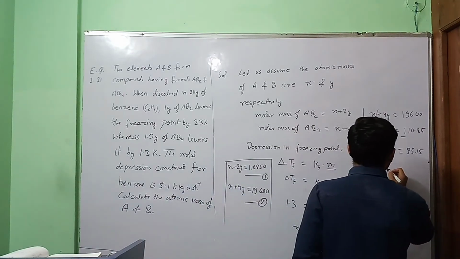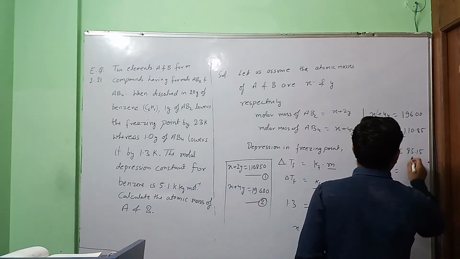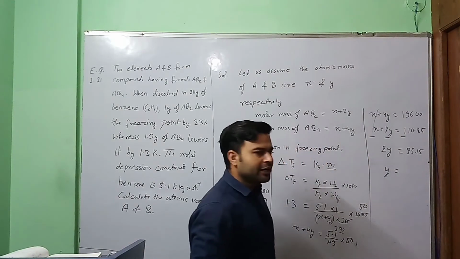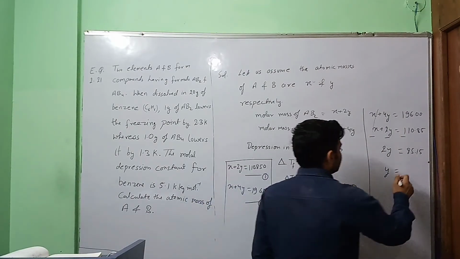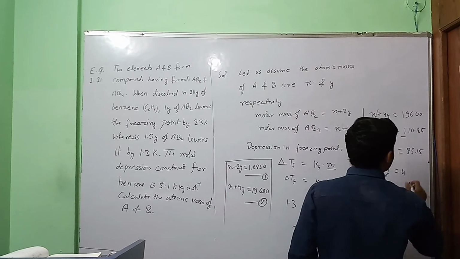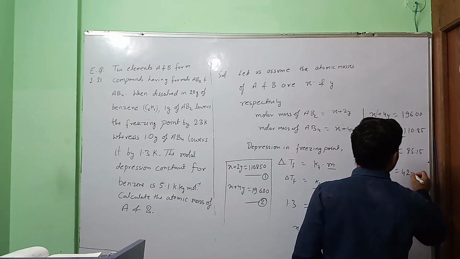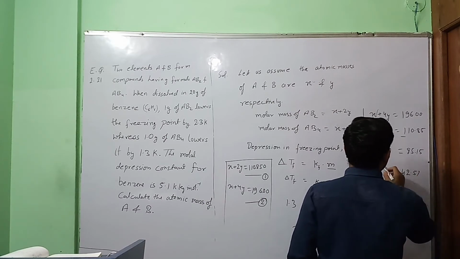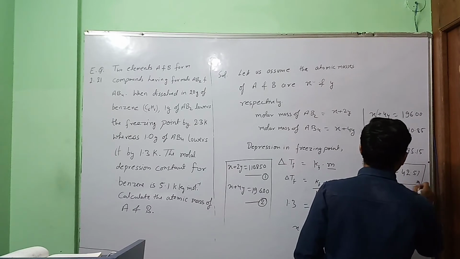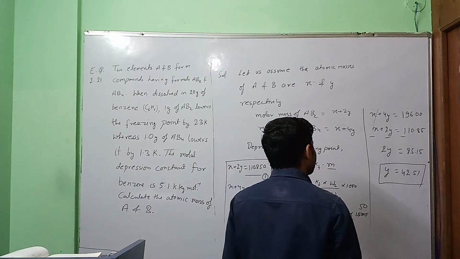Now Y equal to 85.15 divided by 2, so Y equal to 42.57 I am getting here.